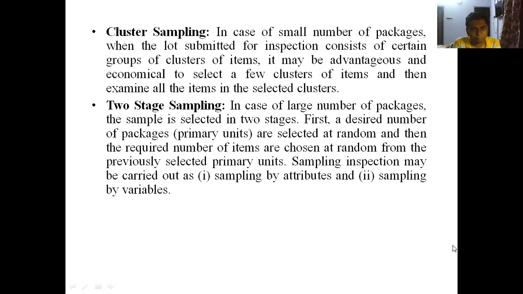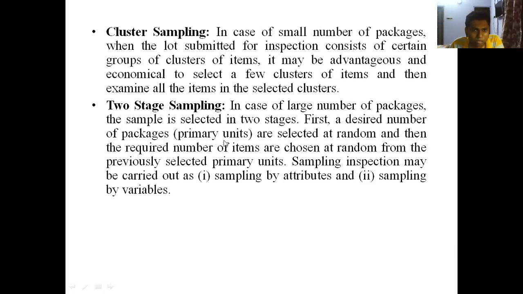So you can understand the difference between cluster sampling and two-stage sampling. In cluster sampling, you sample a small number of packages when the lot consists of certain groups of clusters of items.